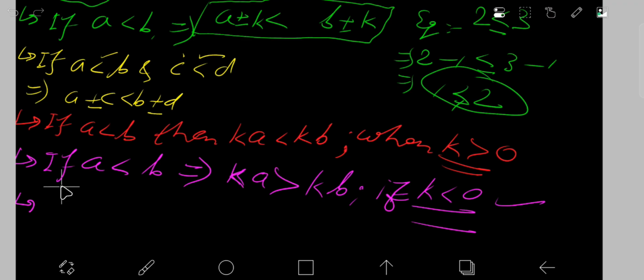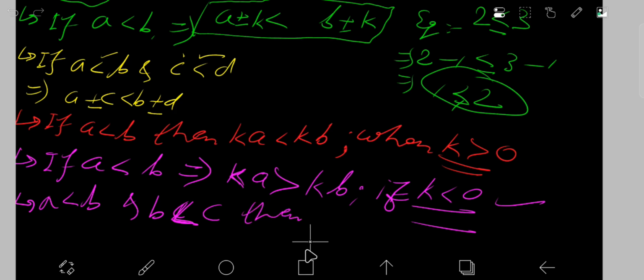The next property: if a is less than b and b is less than c, then we say a is less than b and less than c.